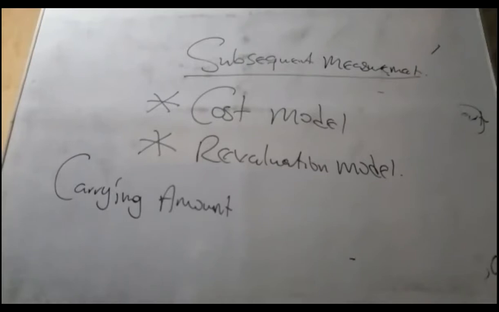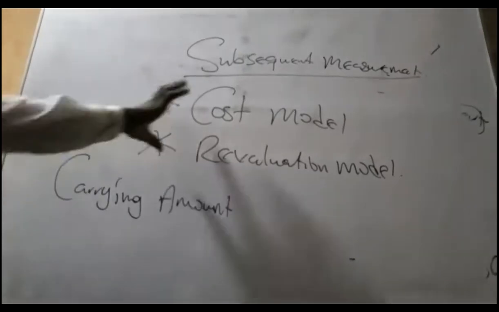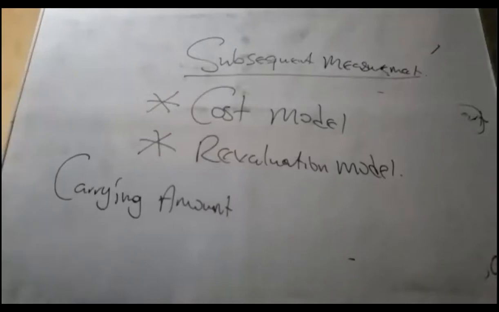So you select one, you can't select the 2 at a time. Either use the cost model or the revaluation model. All of them are looking for the carrying amount, the value that you have to place or include in the financial statement in respect of that particular PPE. The carrying amount of the item that they bought initially is at cost. So the carrying value is at cost.